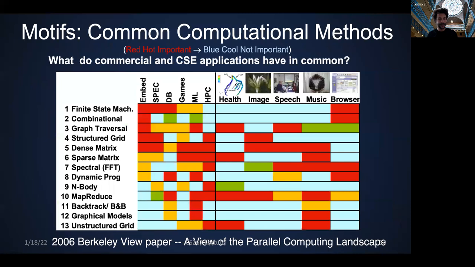So one of the large projects within the EECS department, led by, I believe, Dave Patterson as the director, is PARLAB, the Parallel Computing Laboratory. The goal of PARLAB was really to tackle the multi-core parallelism that was prevalent and was daunting for the industry, a lot of people in the mid-2000s.